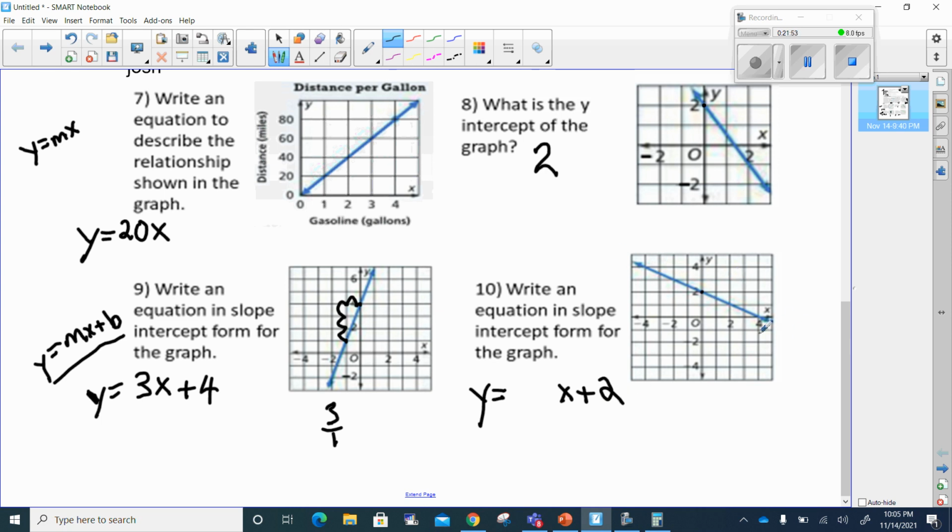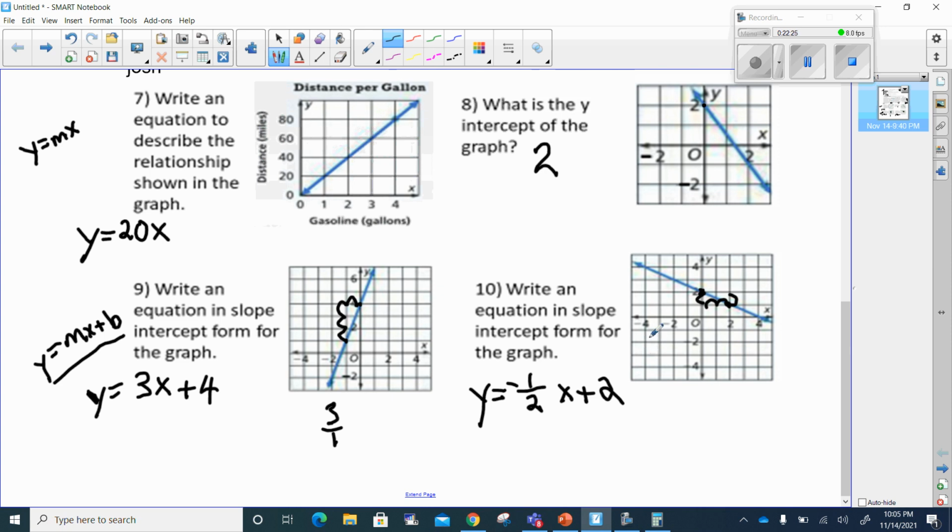I see the slope is going downward, and whenever my line is going down, it's a negative slope. This line was going up, so I knew it was positive. But this one's going down, so I know this is a negative slope. I find 2 points again. Here's one. Here's another one. I see it goes down 1, and then over 1, 2. So this is -1 because it went down, and then over 2, so -1/2 x plus 2 is my answer.